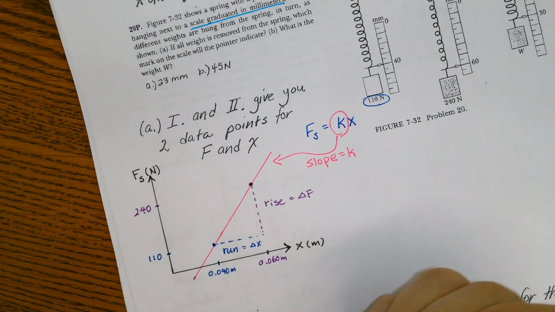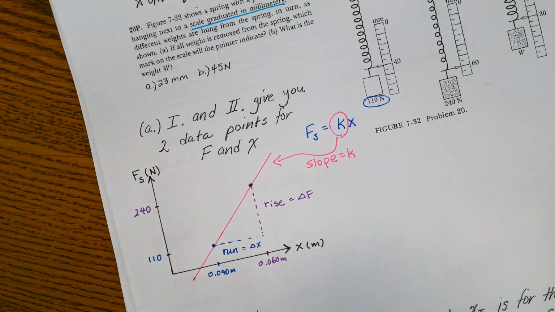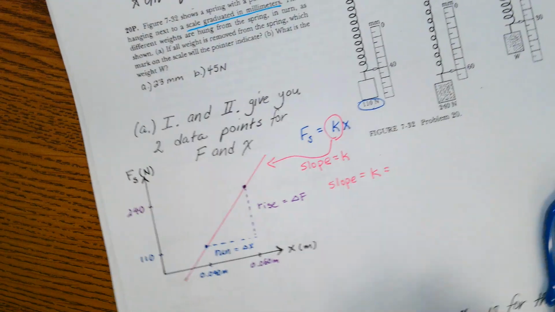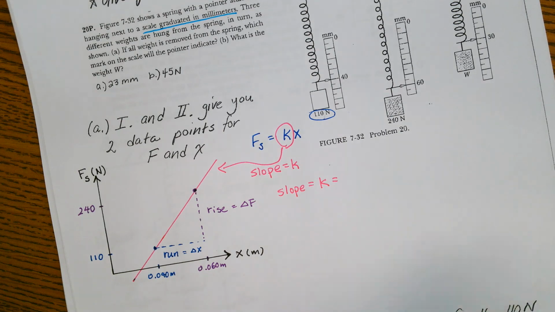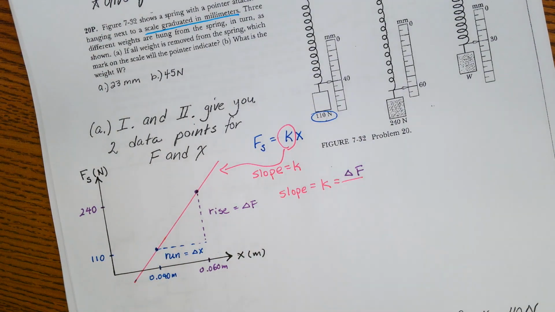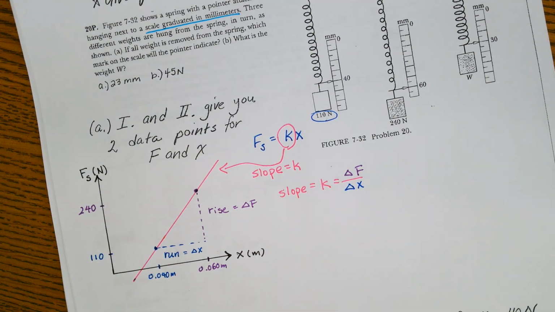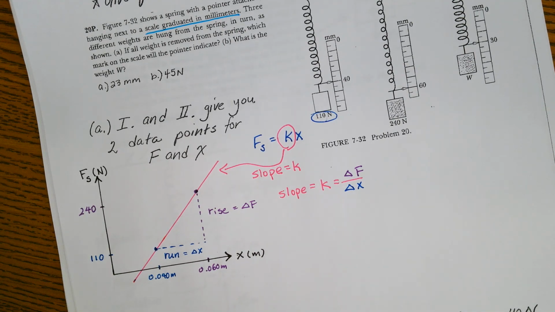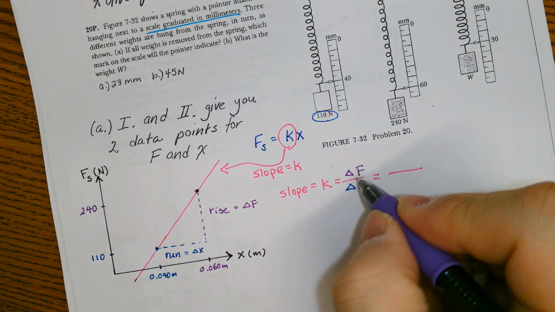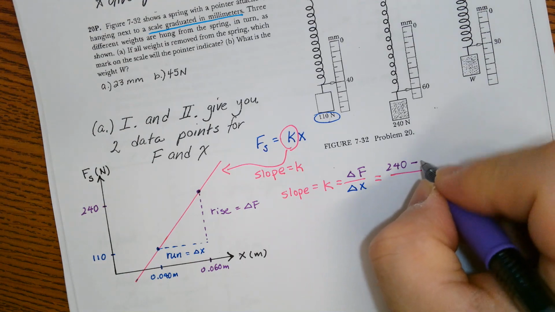So we can simply say the slope value is equal to rise over run. If we work it out, delta F is 240 minus 110.